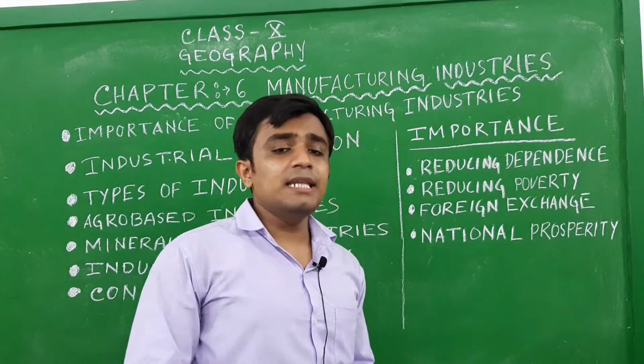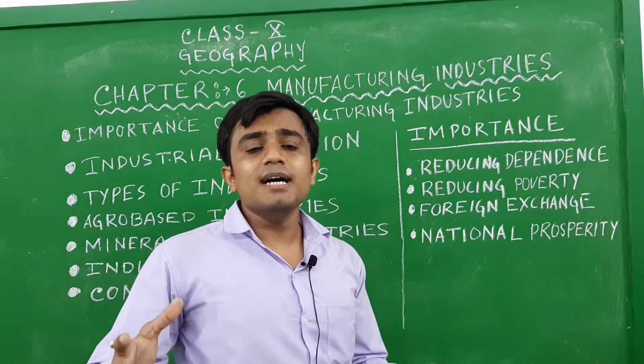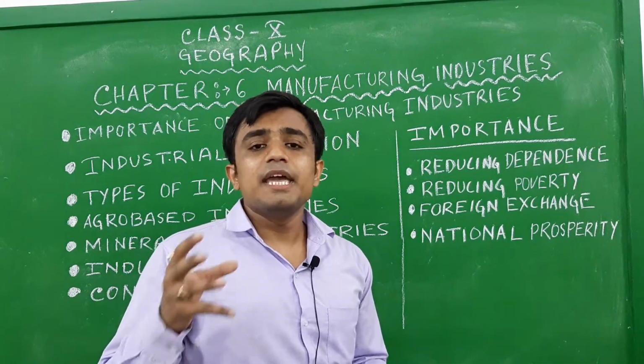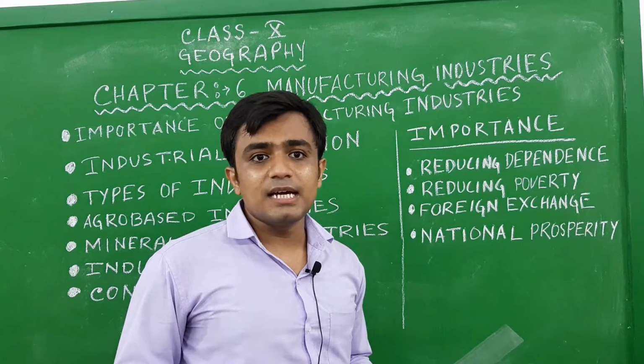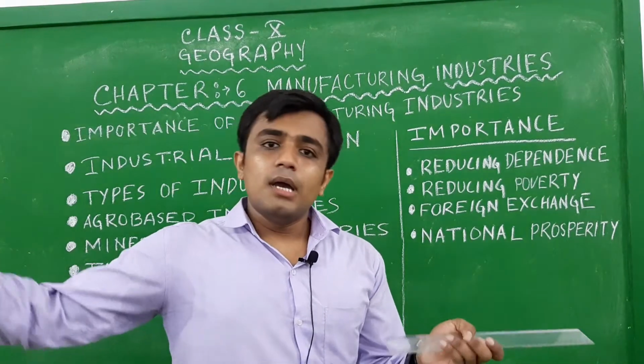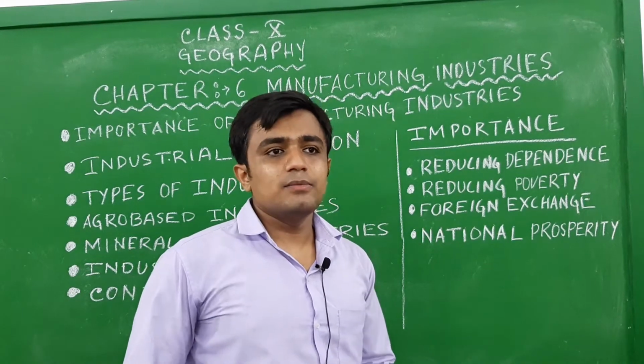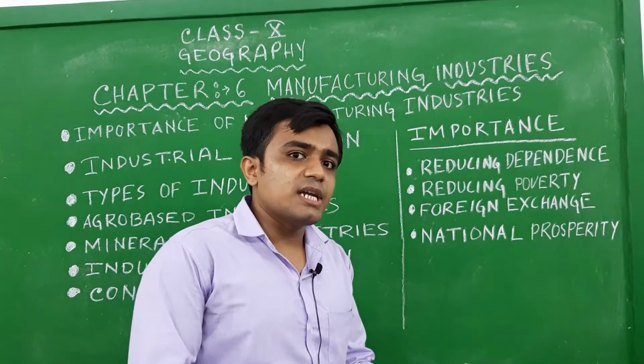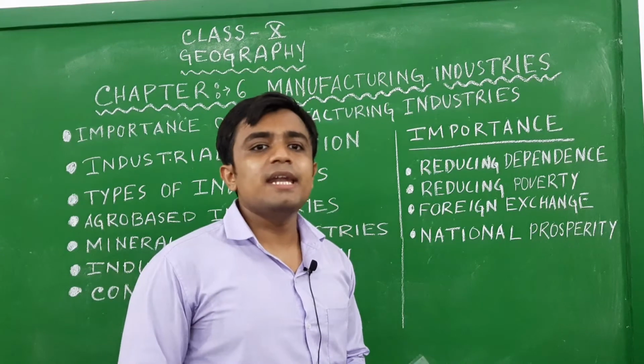Similarly, in industry we produce various modern tools like irrigation pumps, fertilizer, pesticides, insecticides for growing agriculture. For that reason we can say agriculture and industry move hand in hand.